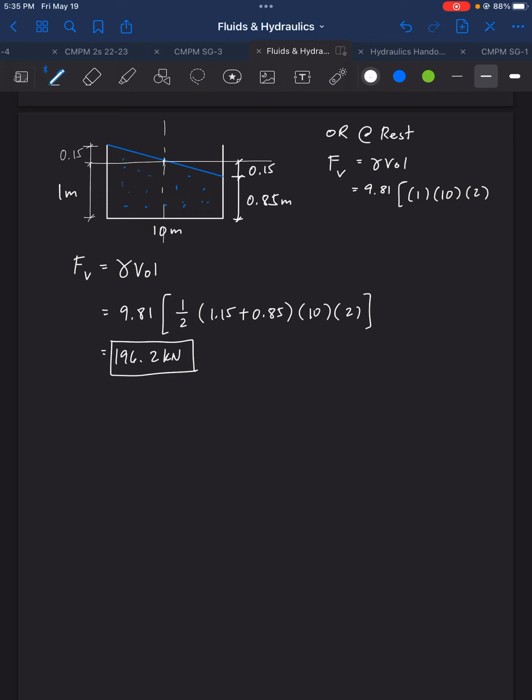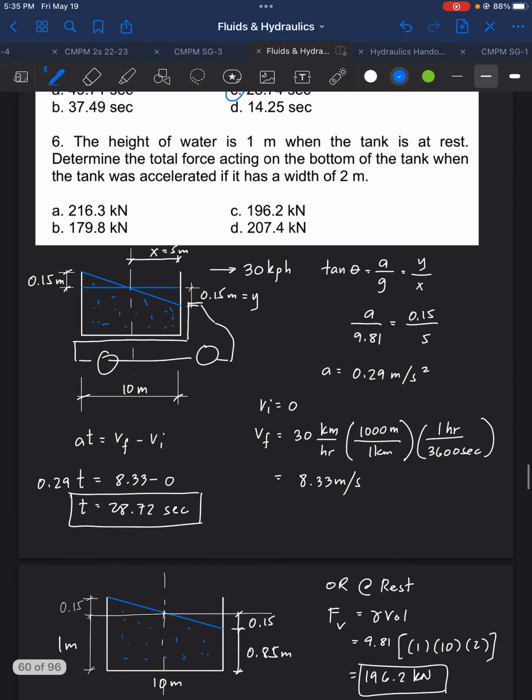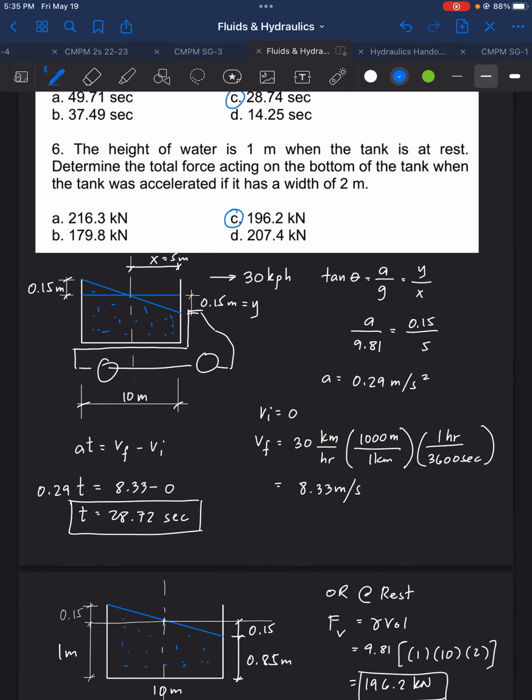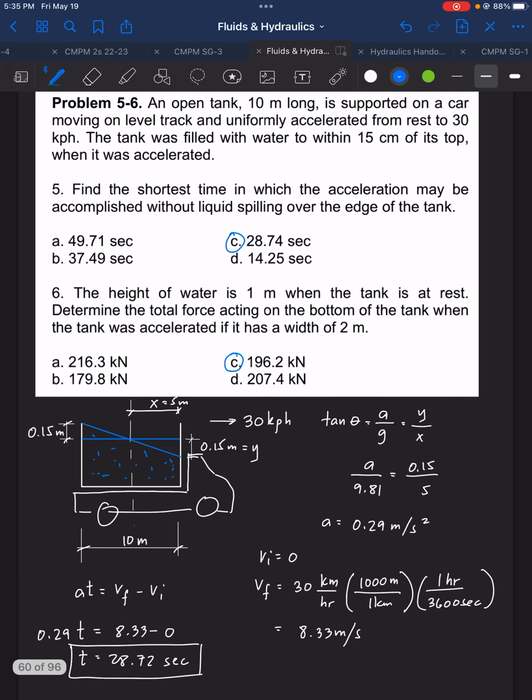Let's see, 9.81 times this one here. So it is also 196.2 kilonewton. So from our choices, the answer here is letter C. Okay, so that's for number 5 and 6.